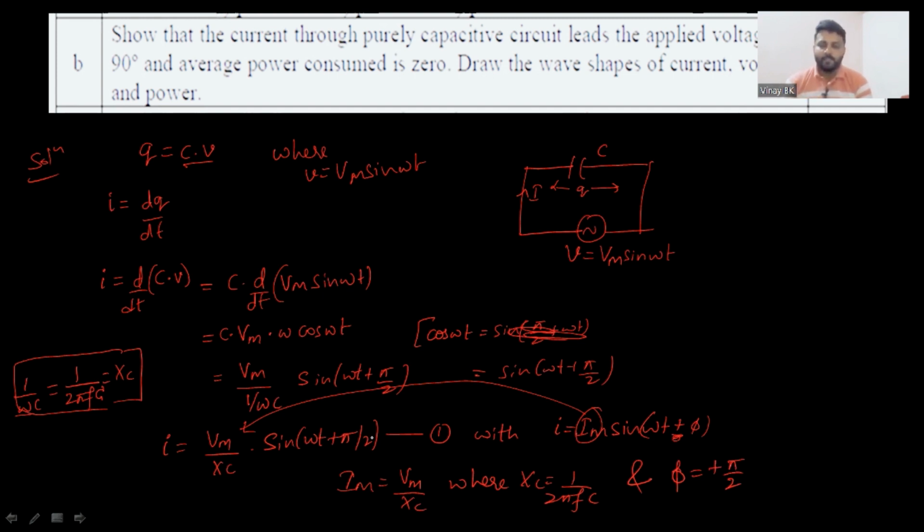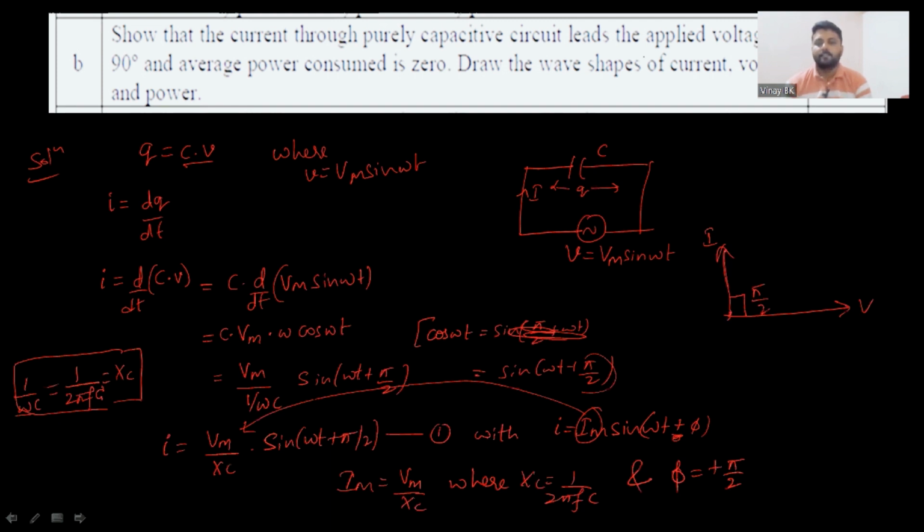By observing these parameters, you can draw the phasor diagram. So for AC through pure capacitance, considering voltage V as the reference, the current angle is plus pi by 2, which is a leading angle. So the current leads voltage by an angle of pi by 2.